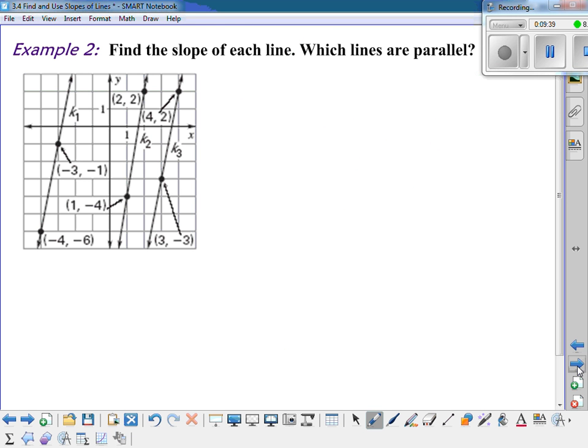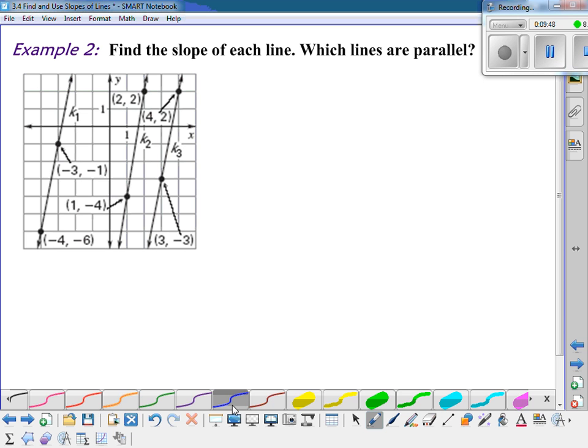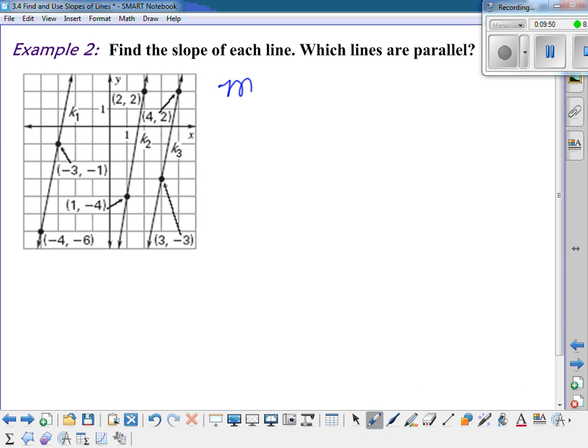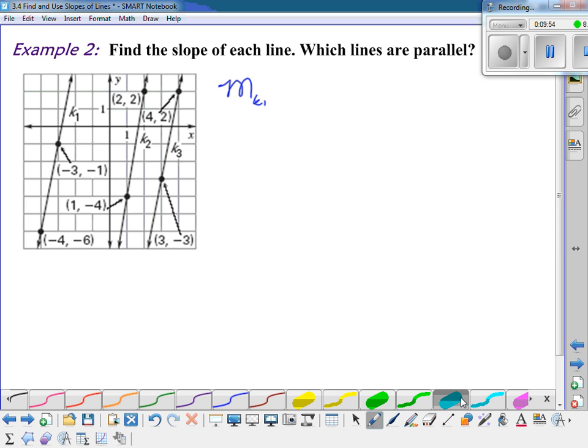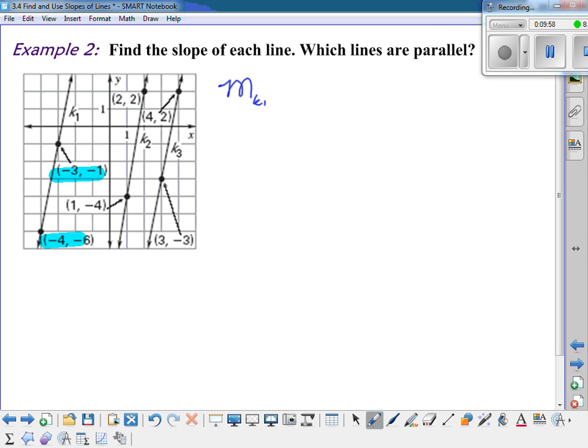Okay, for example 2, we're going to find the slope of each line and then determine which lines are parallel. So I'm going to start with line K1. K1 is going through the points (-3, 1) and (-4, -6).